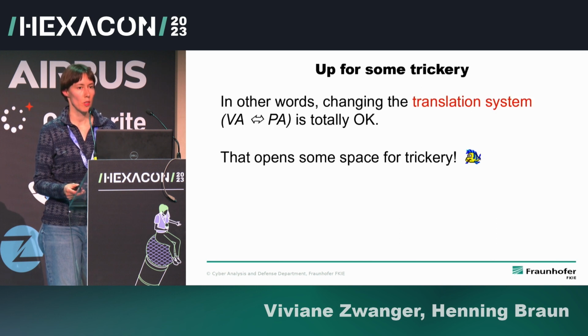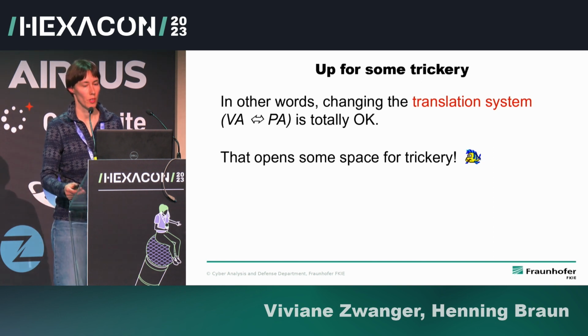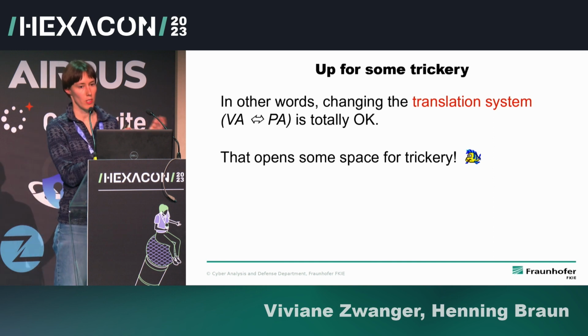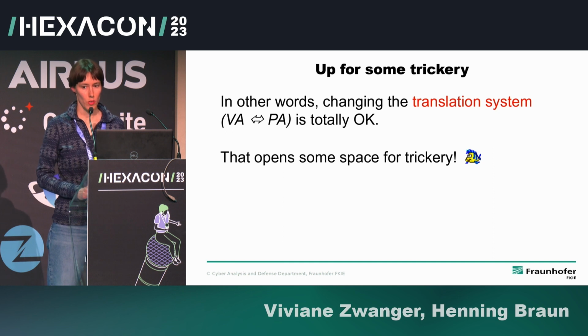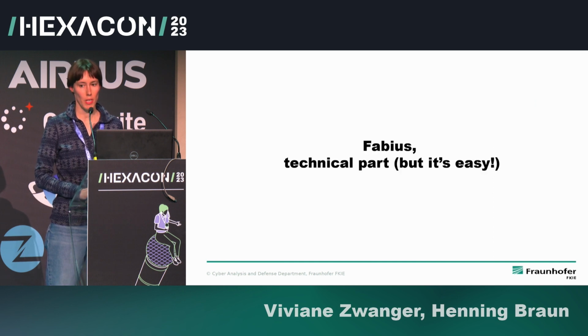Because the whole model is about an untrusted operating system. And with an untrusted operating system, a 0-day might have happened, or a vulnerable driver loaded, and somebody might have a read-write primitive. In other words, somebody might be able to change the translation system. So the page table walk, translating a virtual address into a physical address. And that opens a real huge space for trickery.